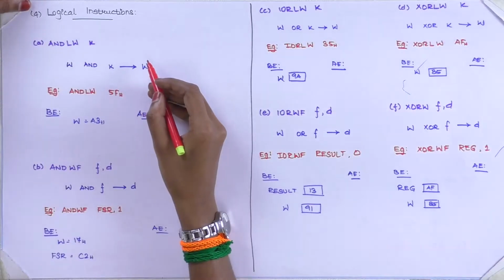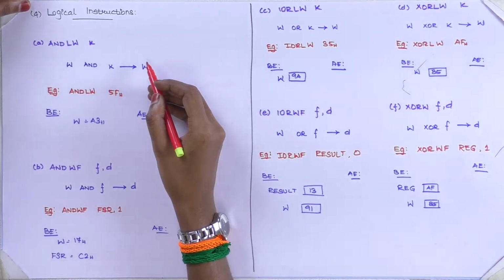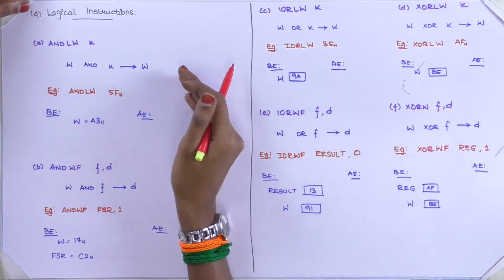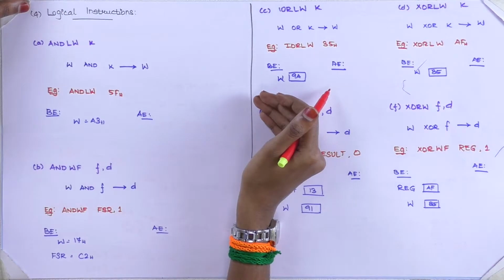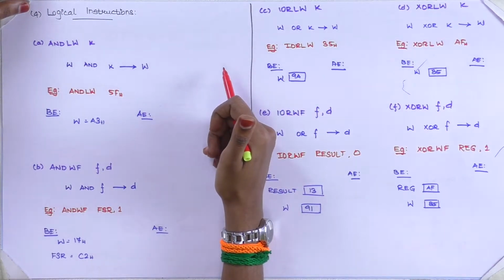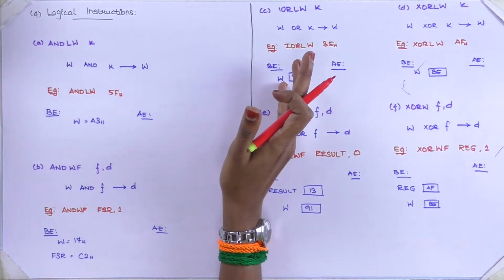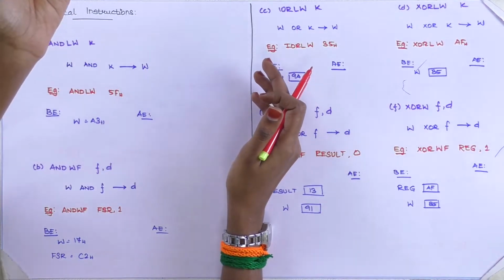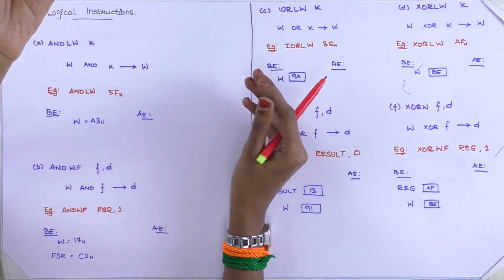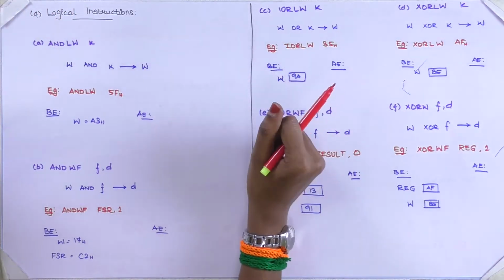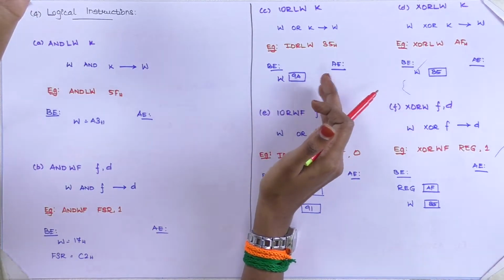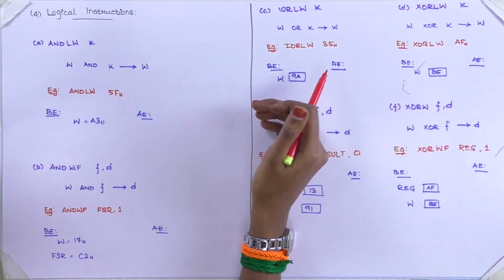Fine. The next set of instructions that we are going to see is logical instructions. Logical operations you already know: AND, OR, XOR. All of these come under logical instructions. As in addition and subtraction, where we have the working register value with the literal value and the working register value with the file register value, in logical instructions we have the same.